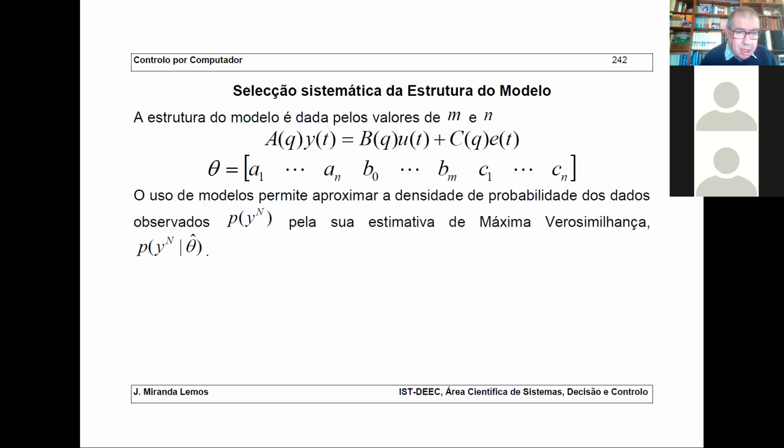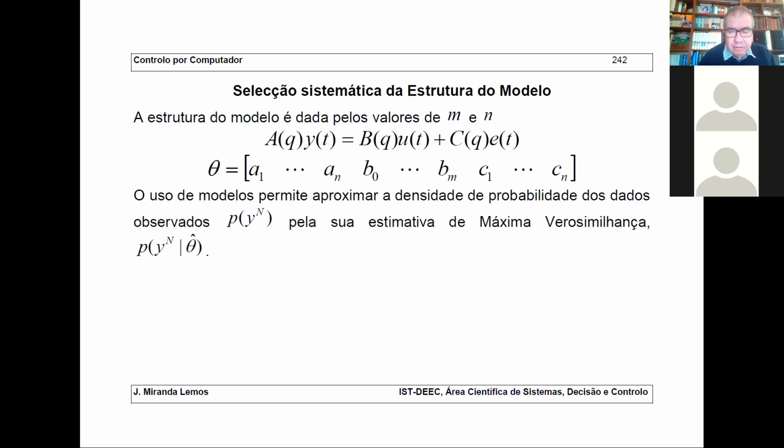And you have the problem that you look at data and you want to decide which values of N and M you should use. Okay? And one possibility is to use arguments such as I did.